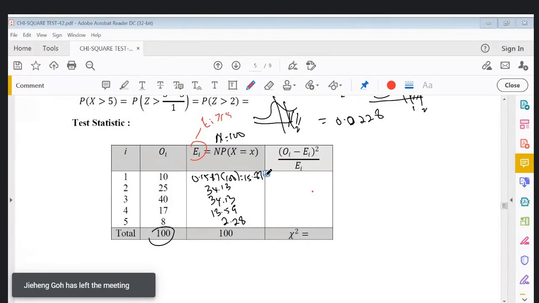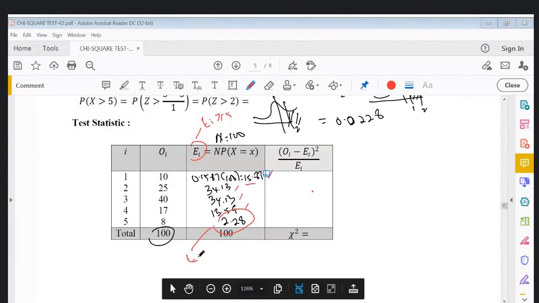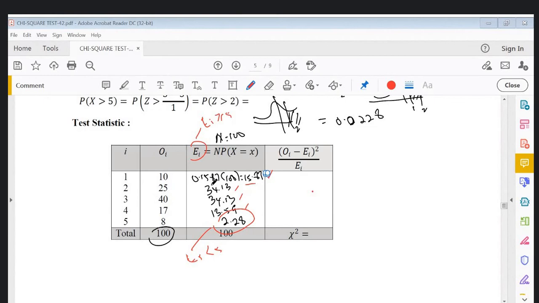Pada pertama ni, if you see this one, EI greater than 5, it is okay. We get 15 ni lebih besar daripada 5, okay. If you see the last one, EI is less than 5. Bila kurang daripada 5, the test is not suitable.